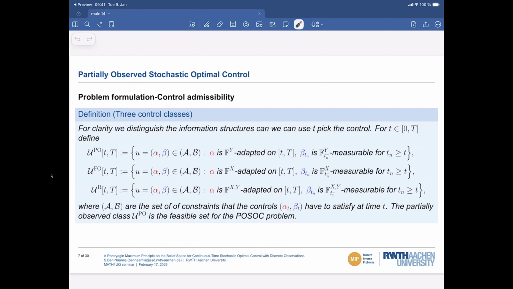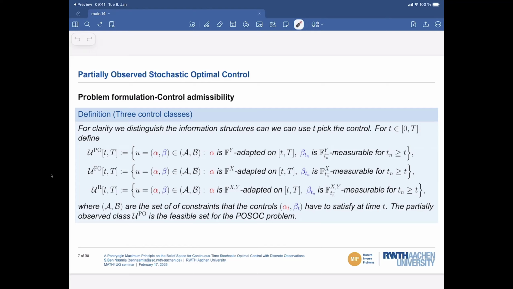So if we work in the partially observed problem, you're not allowed to observe X, right? So you need the adaptivity to be restricted to the filtration F^Y. So you're not allowed to observe X, definitely. This is U^PO, where PO is for partially observed. FO is for fully observed, where you're only allowed to observe X, and X is enough to make your statement about any other control.